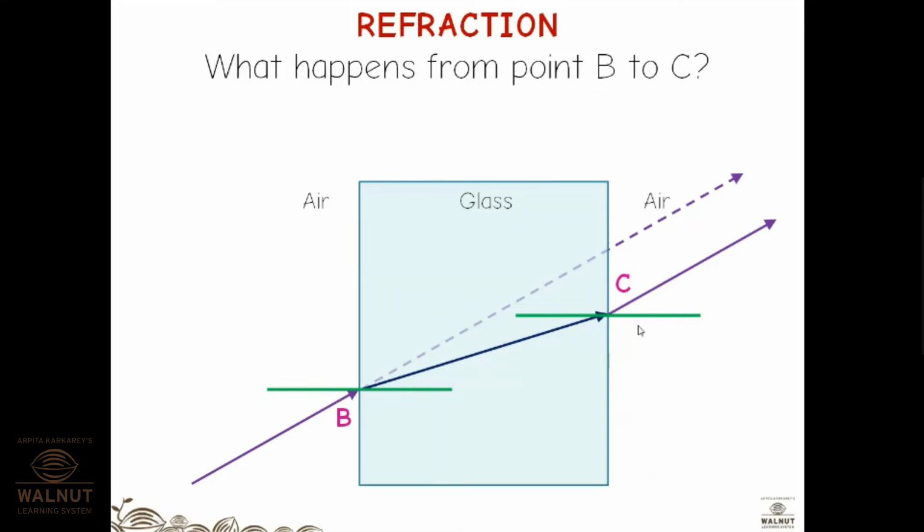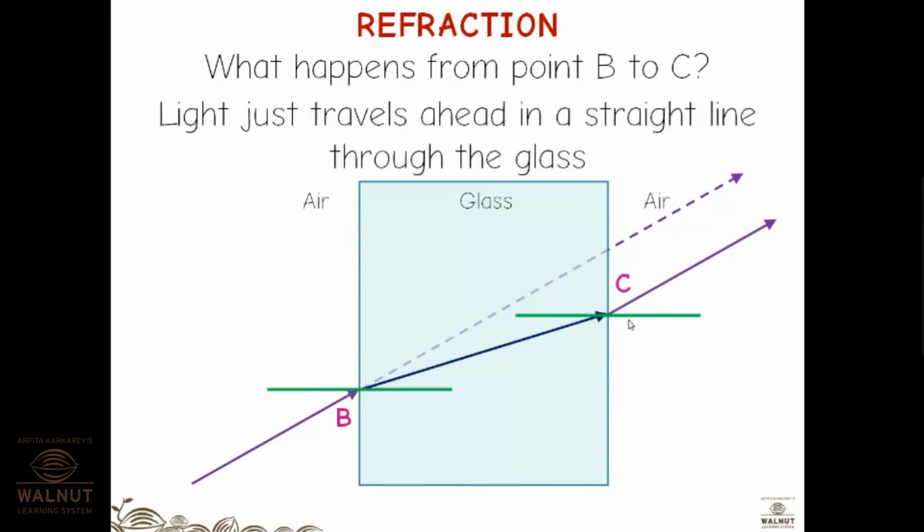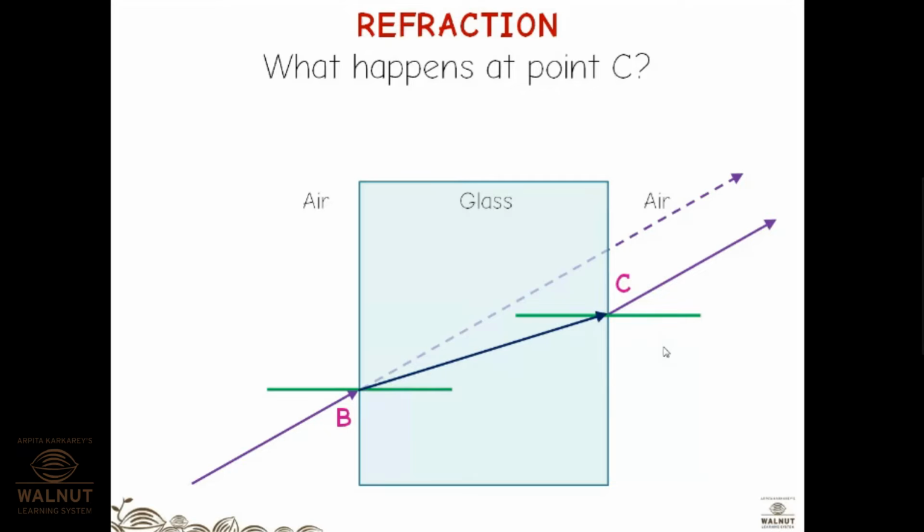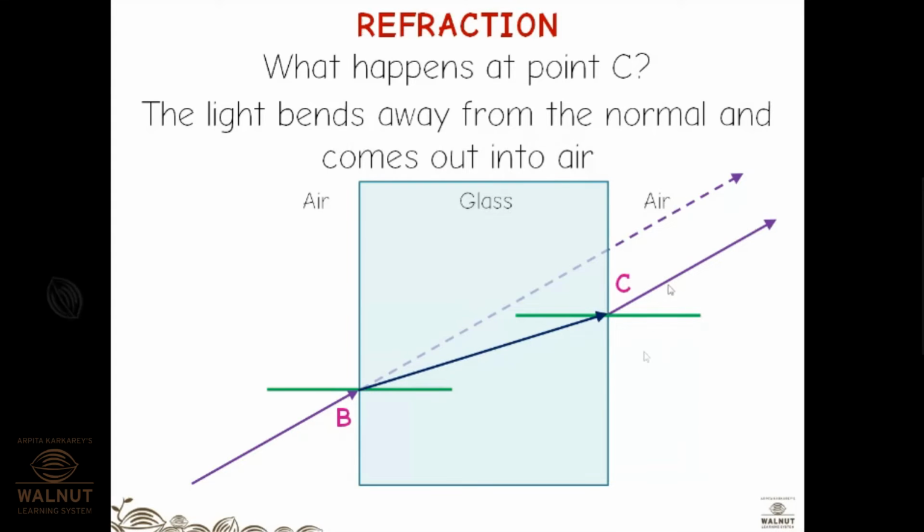Okay. So here at point B and at point C, you can see the light traveling is different. Light just travels ahead in a straight line through the glass slab. But at point C, you can see that light will bend away from the normal and then it is coming out into the air. Isn't it?